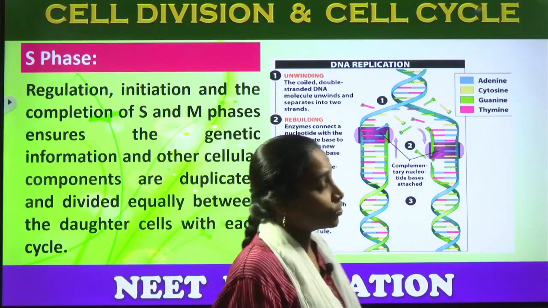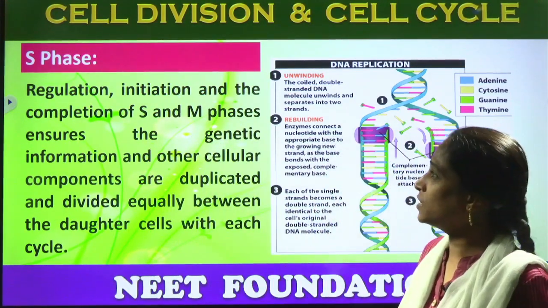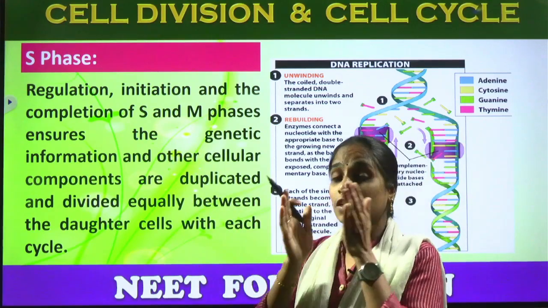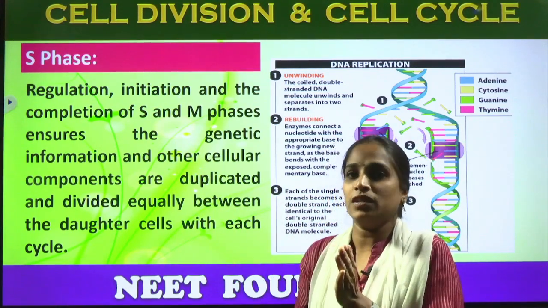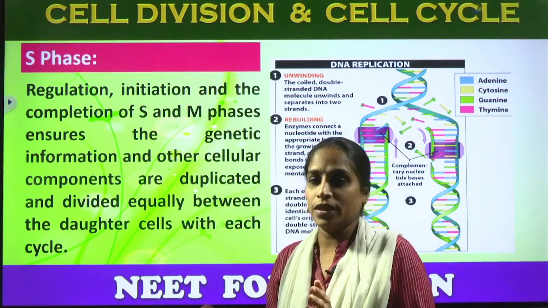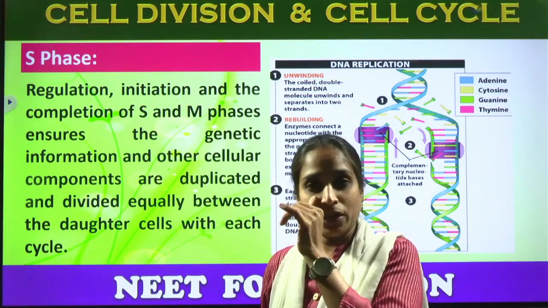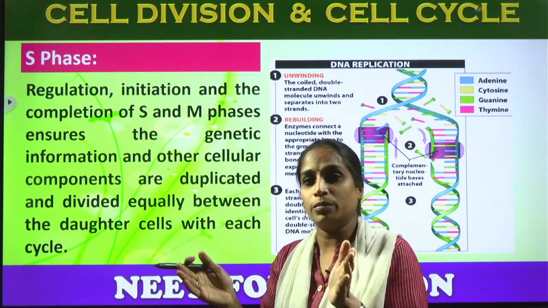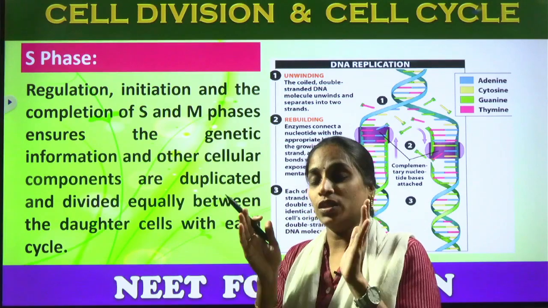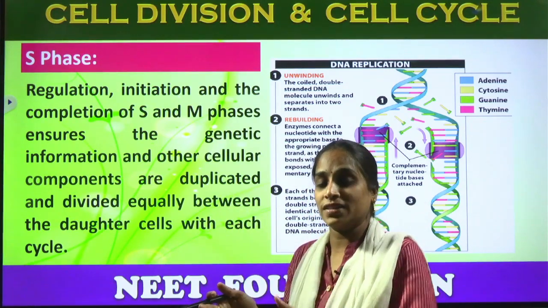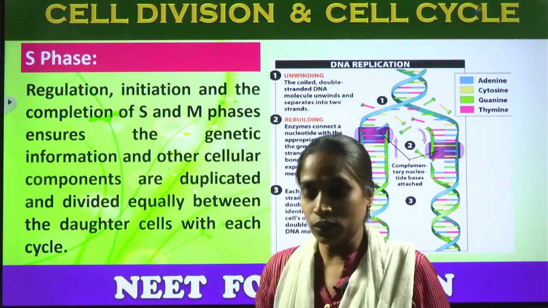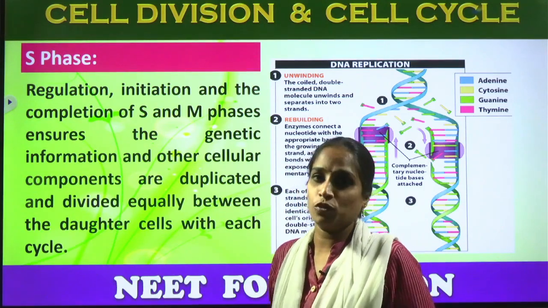So, now let us see what actually happens in the S phase, the DNA replication. They release chemicals, so why do they release them? They are responsible for maintaining, in mitosis, the equal number of chromosomes, so that, as in the parental cell, the daughter cells also have the same number of chromosomes.